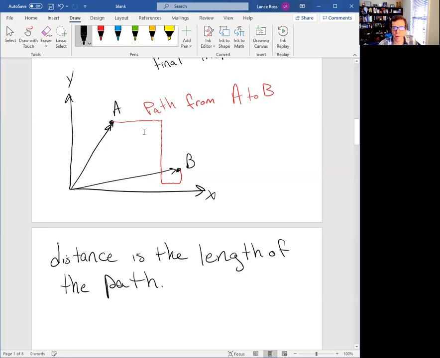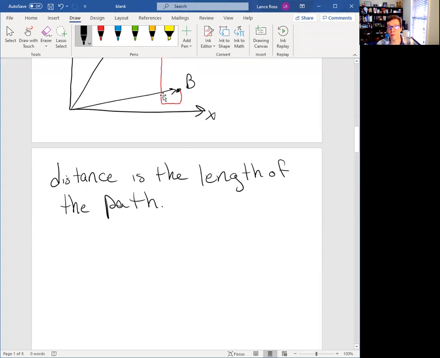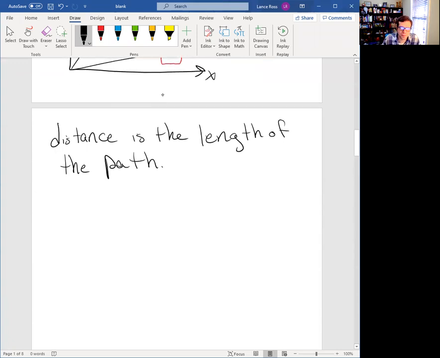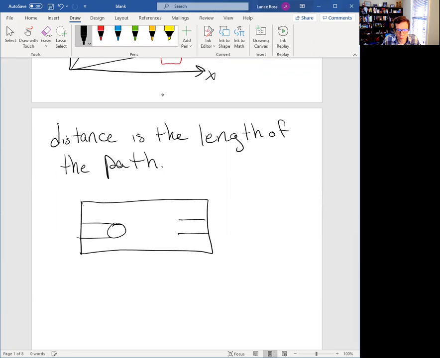So let's look at another example of how the distance and the displacement differ. Imagine you're on a basketball court and you're standing under one goal. And you run down the court and back. Well, let me change the color for my path.